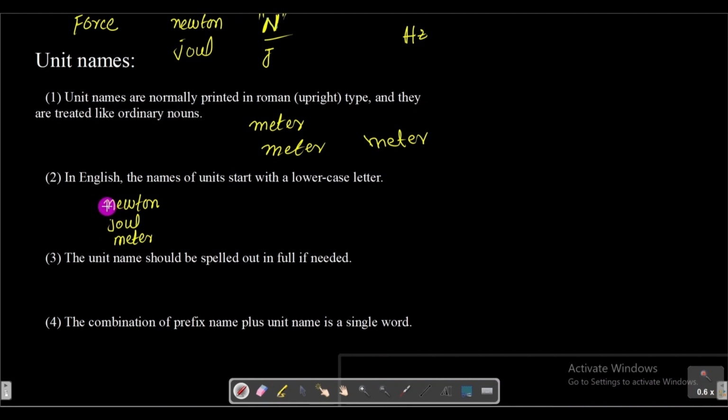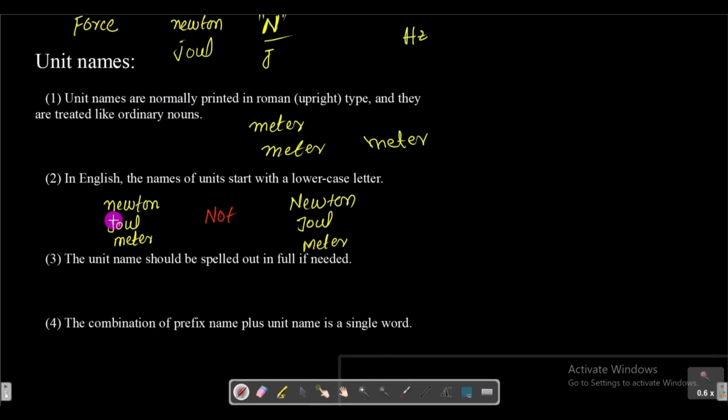So here, even if the unit name is the name of a scientist, it will always start with a lowercase letter, not an uppercase letter. It means that we will write the units only in lowercase, and writing them in uppercase is not allowed.